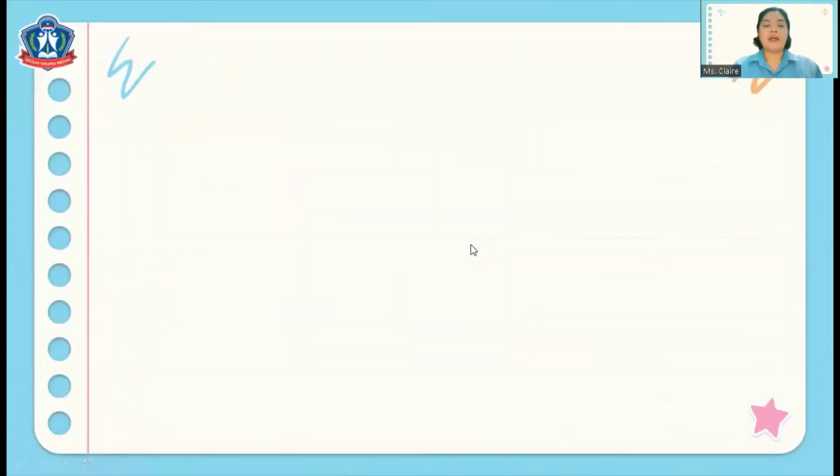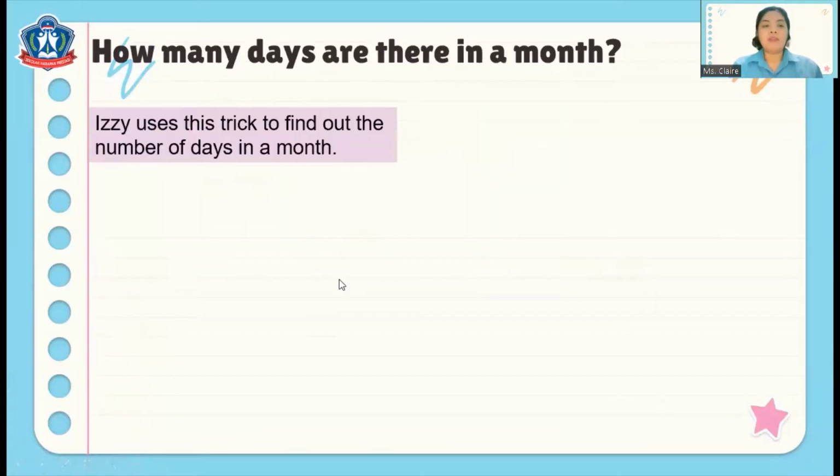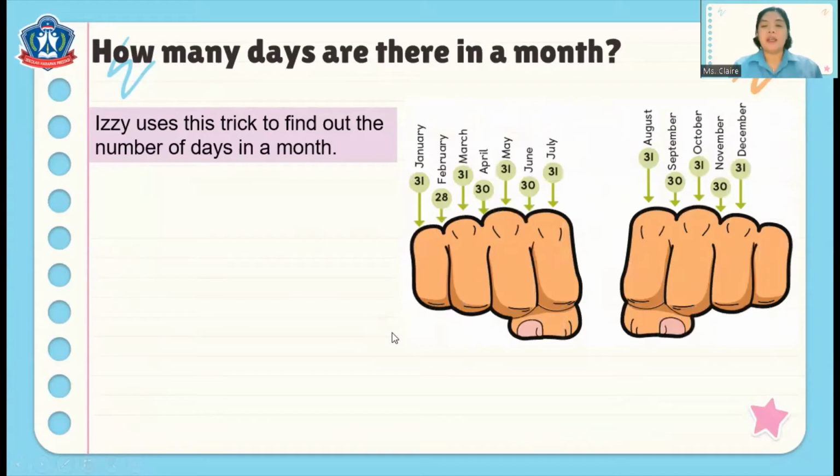Now, I have here some information. Do you know the number of days in a month? There is a trick, children, on how to find the number of days in a month using our hands, using our knuckles. Take a look.